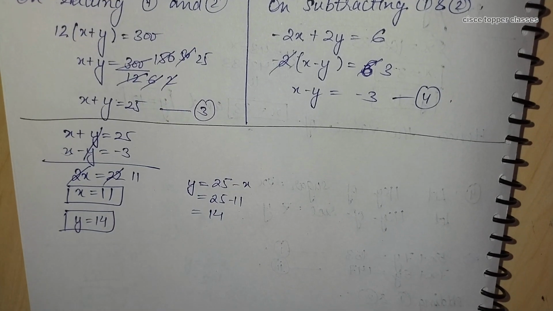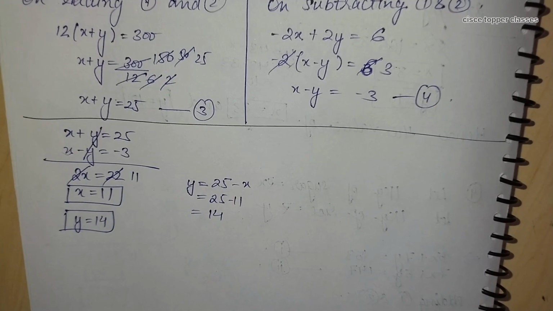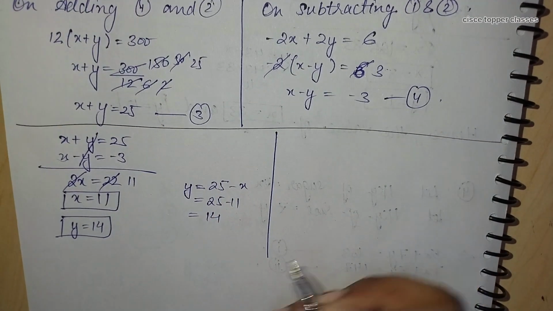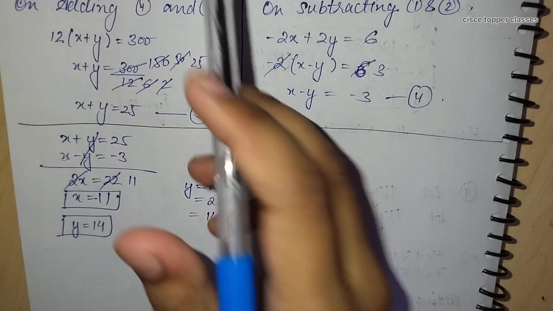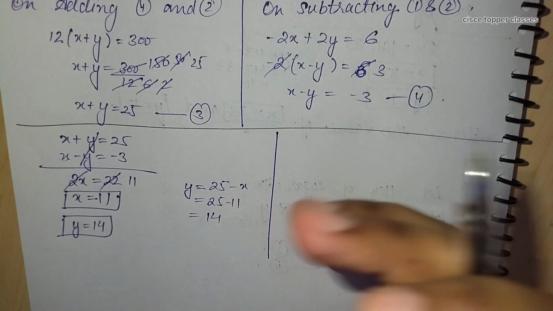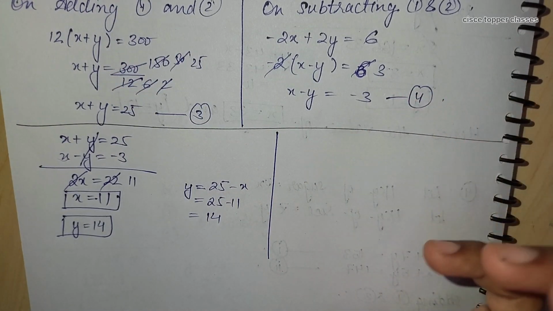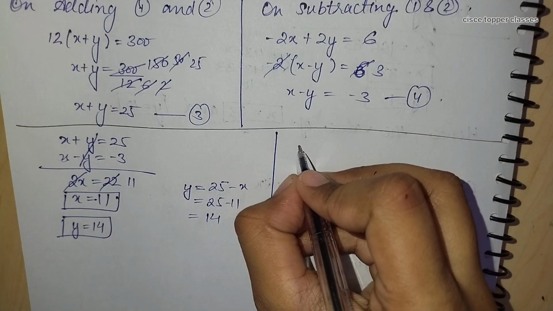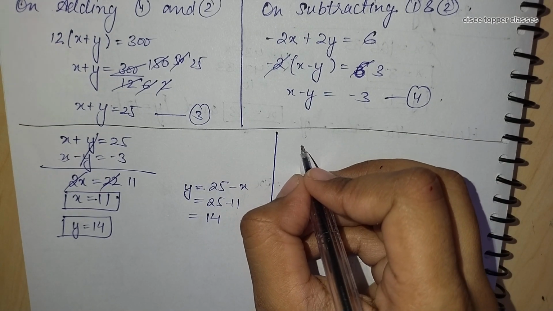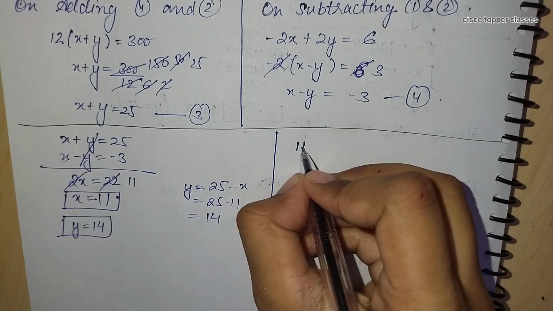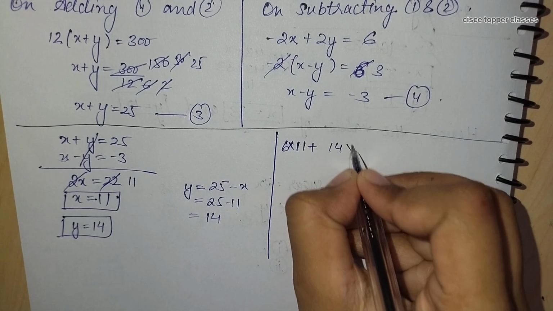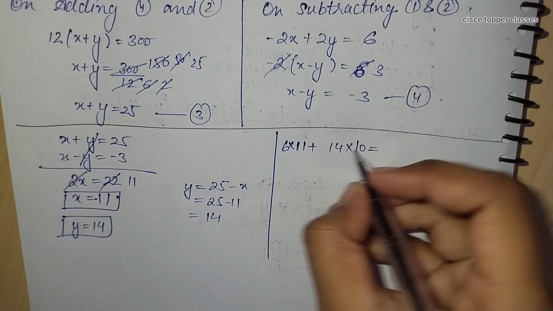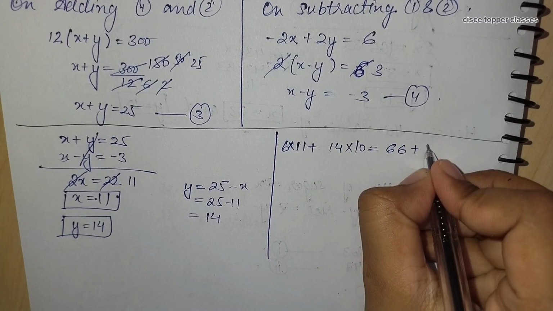Hence, now we can find the value of cost. We have to find the cost of 6 kg of sugar and 10 kg of rice. Here we can find 1 kg of sugar is 11 rupees and 1 kg of rice is 14 rupees. So we will multiply 6 with 11 plus 10 with 14. So 11 into 6 plus 14 into 10 is equal to 66 plus 140.